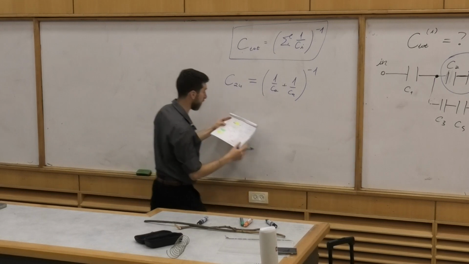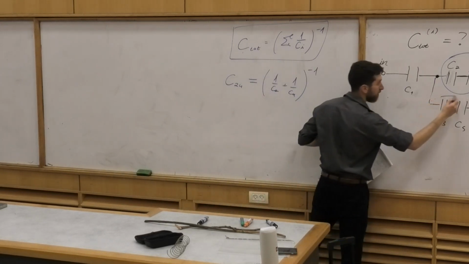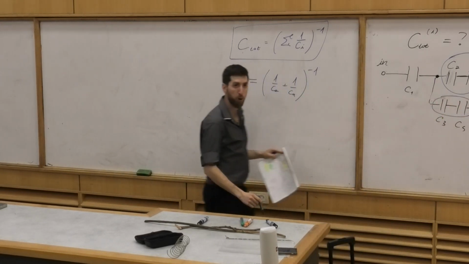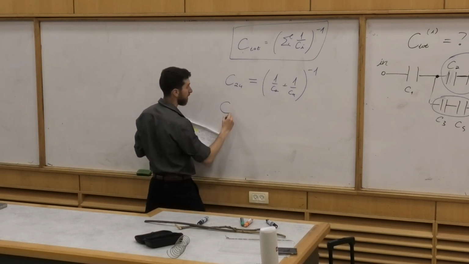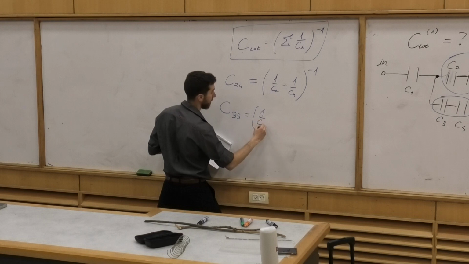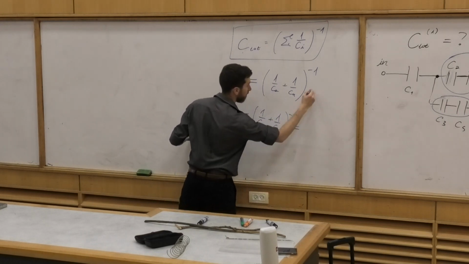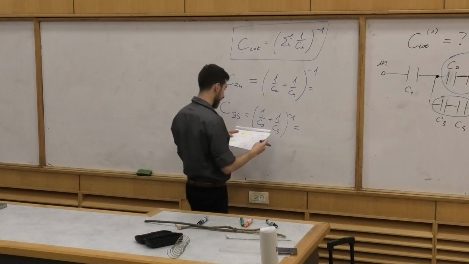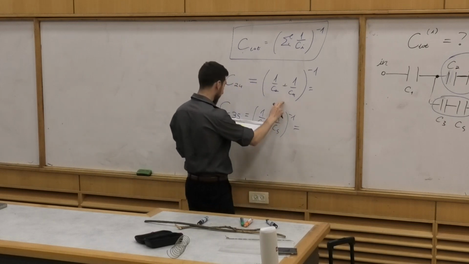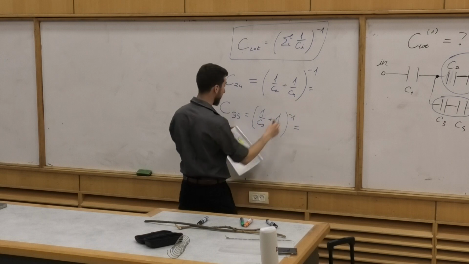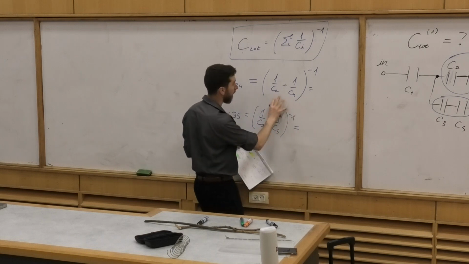And note also that here we have the same concept with different capacitors. We have here C35, which is 1 over C3 plus 1 over C5 to the power of -1. Perfect. Got it. And this ends up, we can rearrange it and calculate it.